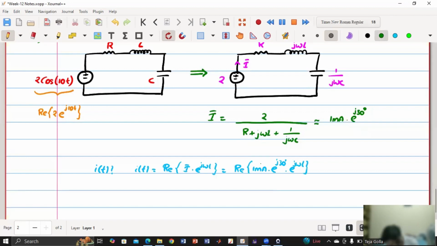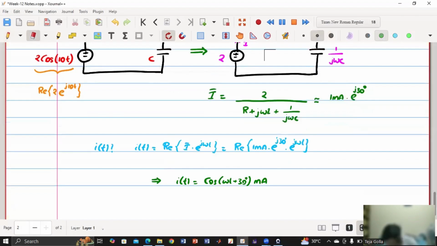From this, we get I of t equal to 1 milliampere cos omega t plus 30 degrees. Omega is 10 here, so we can directly write cos 10t plus 30 degrees.